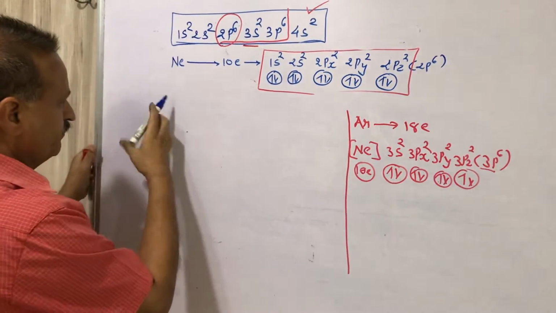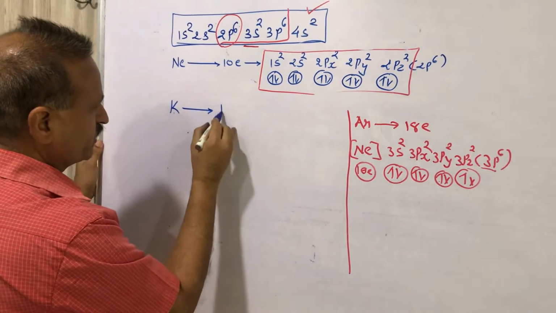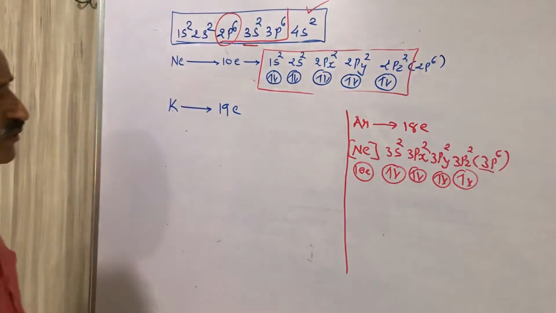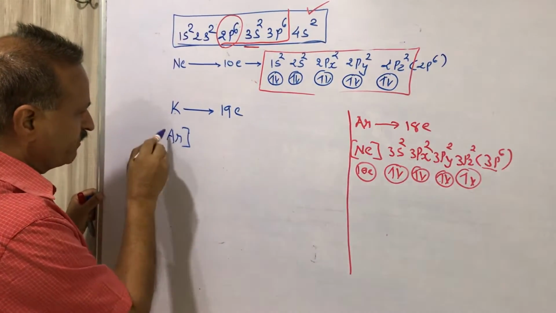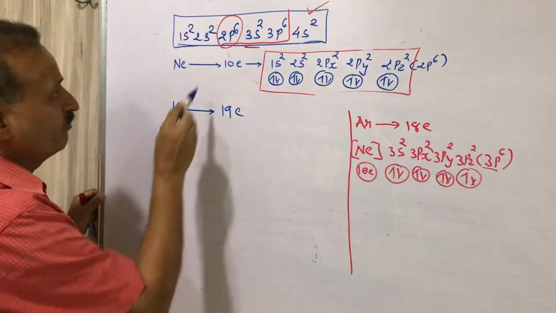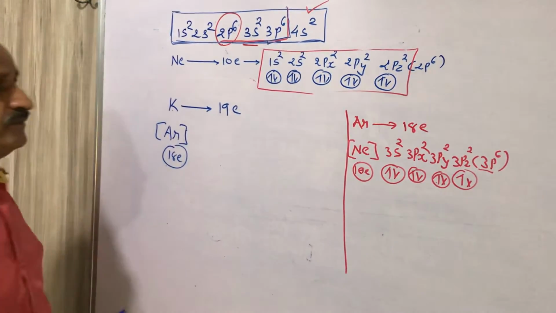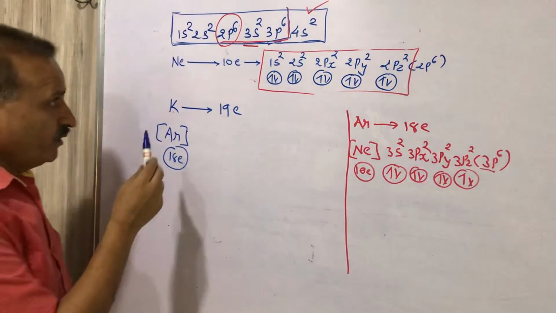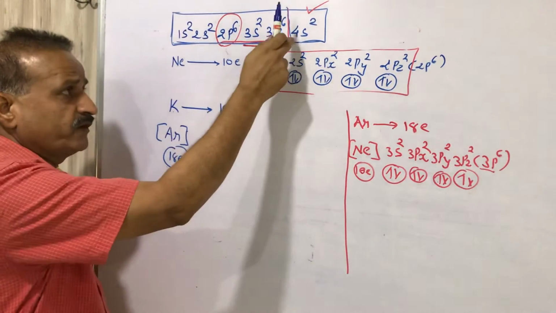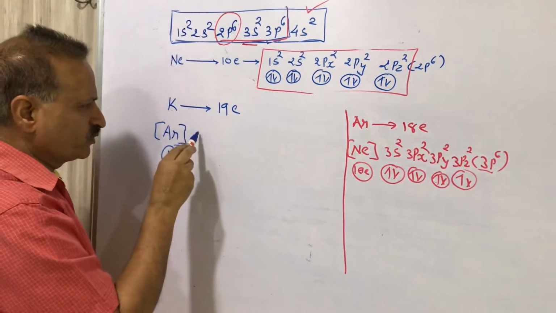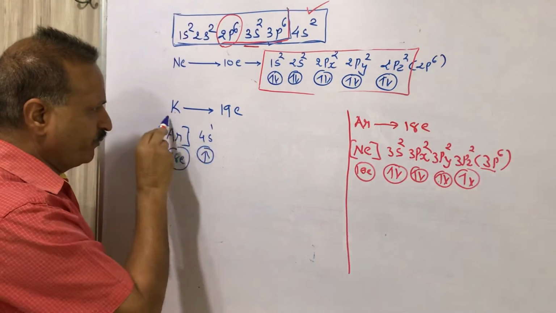So now we are writing the electronic configuration of potassium, K, having a total of 19 electrons. We have to fill 19 electrons, but when we write argon in square brackets, it means we have filled 18 electrons, till 3p6. So now the turn will come for 4s. We require 1 electron, so it is 4s1, and this is the electronic configuration of potassium.